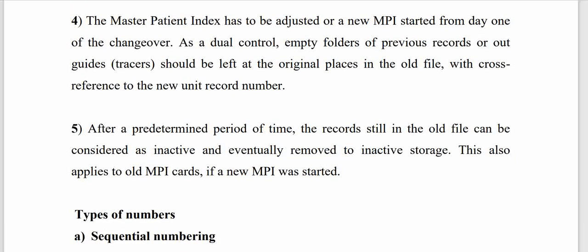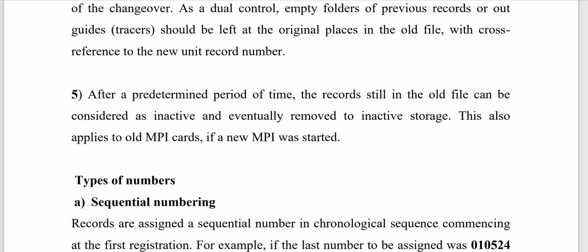Okay. Number 5, after a predetermined period of time, a time that you choose, that you think is good for you, and then you realize that the record is still in the file, they can be considered inactive. So for instance, you've been changing those who have been coming back to the hospital, right? And then right now we have some of the records that we have not touched because the owners have not come, and because our predetermined period says that after 6 months or 6 years, this record must be taken to inactive files.